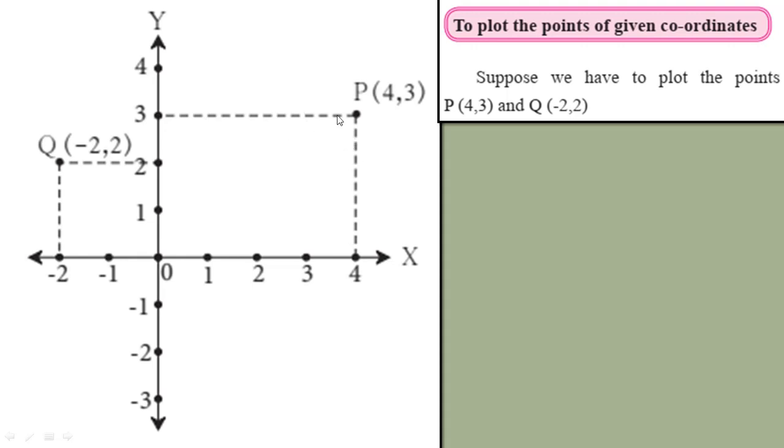Wherever both these lines cross each other, this point is called point P, and this is the location of point P. In the same way, we'll draw a line perpendicular to the x-axis at -2 because the x coordinate is -2. Then we'll draw another line perpendicular to the y-axis at 2, and wherever both these lines cross, this point is called the location of point Q.